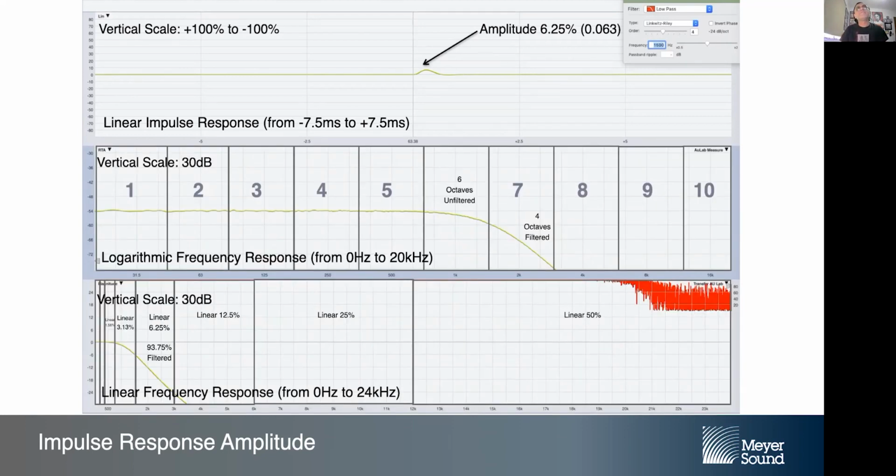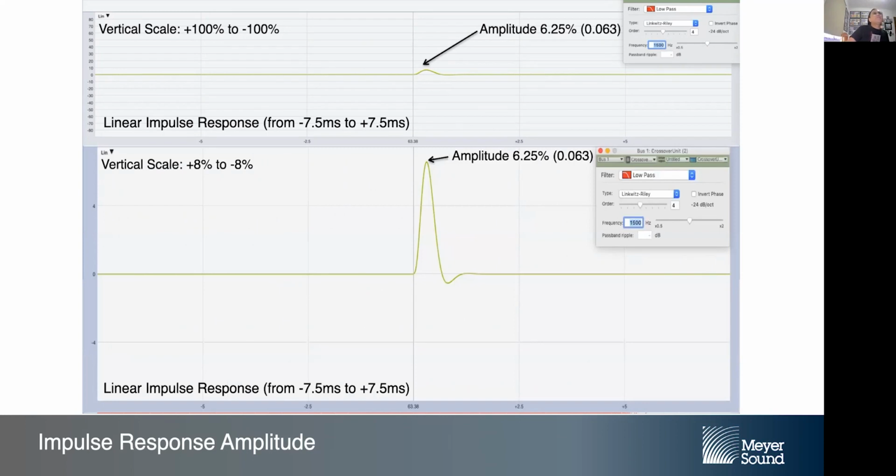Since the amplitude of the impulse is so little, what we will do is rescale the vertical labels in the input response that right now reach 100%. So in the next slide, we will see that the amplitude right now is only from plus 8% to minus 8%. So this is like we are doing a zoom in. And with this zoom in, we can see the big spike right now.